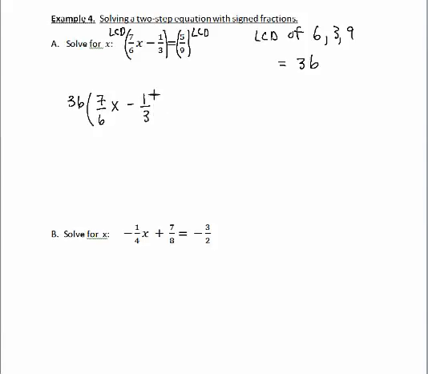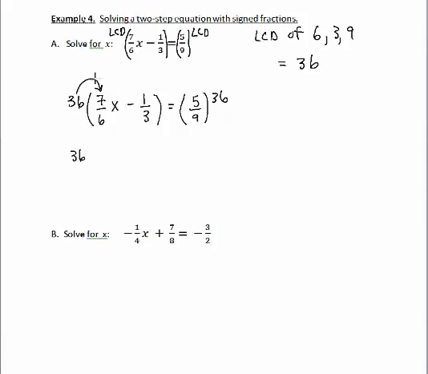It wouldn't hurt us too much. We'd just end up with an equation with numbers that are bigger than what they needed to be. So I take the left hand side in parentheses, the right hand side in parentheses, and I place a 36 on the outside.